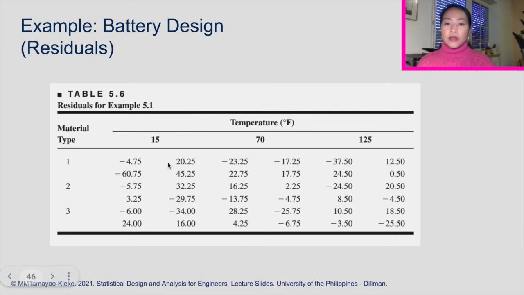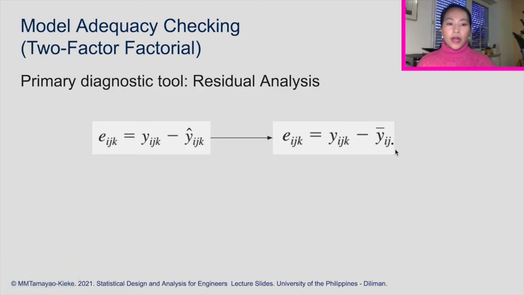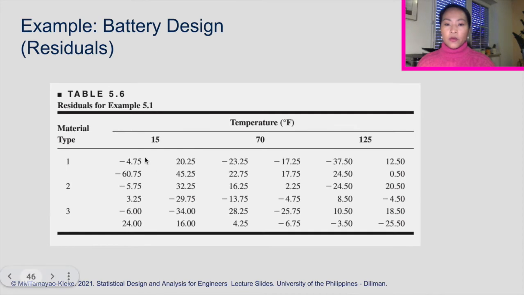And you just get the mean of those observations, so that's your y bar ij dot. And then you just subtract that from the observed value to get your residual.